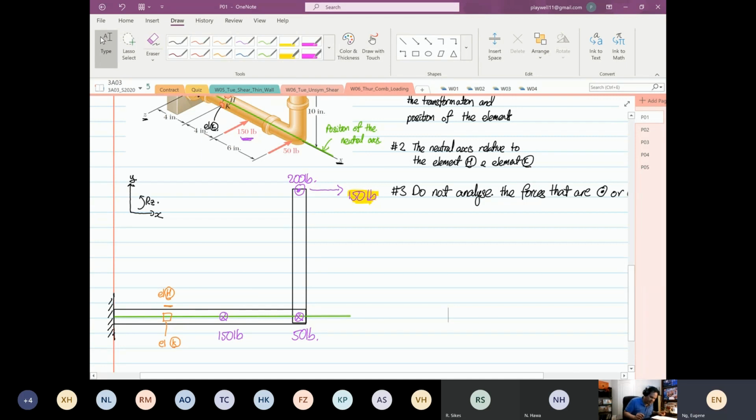What will this 150 pounds do? The 150 pounds over here that we see now will generate a moment, right? And it will also generate an axial load.